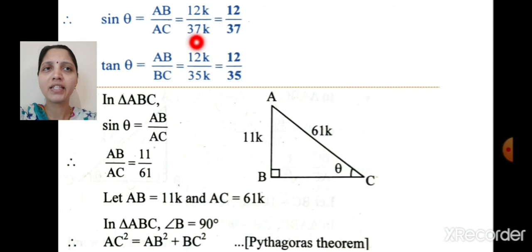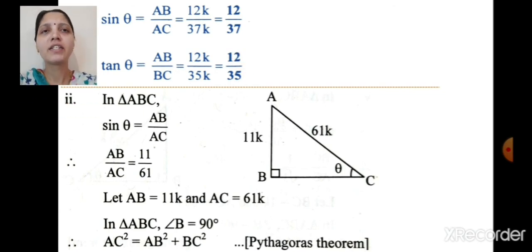Now this K will get cancelled. So you will get here 12 upon 37. So the value for sin theta ratio is 12 upon 37. Similarly, tan theta is opposite side upon adjacent side. So AB upon BC, that is 12K upon 35K, that is equal to 12 upon 35.